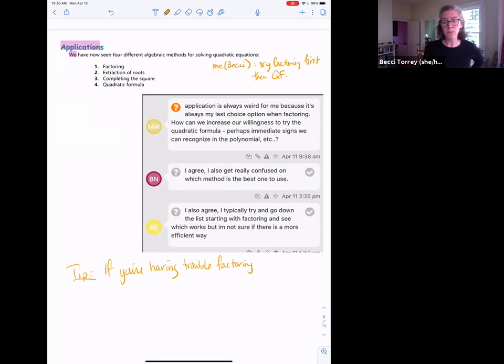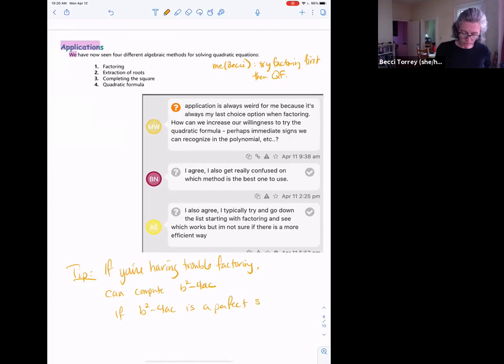Can I factor this with integers or not? You can compute b squared minus 4ac. If this is a perfect square, something that you can take the square root of, then you should be able to factor it with integers.